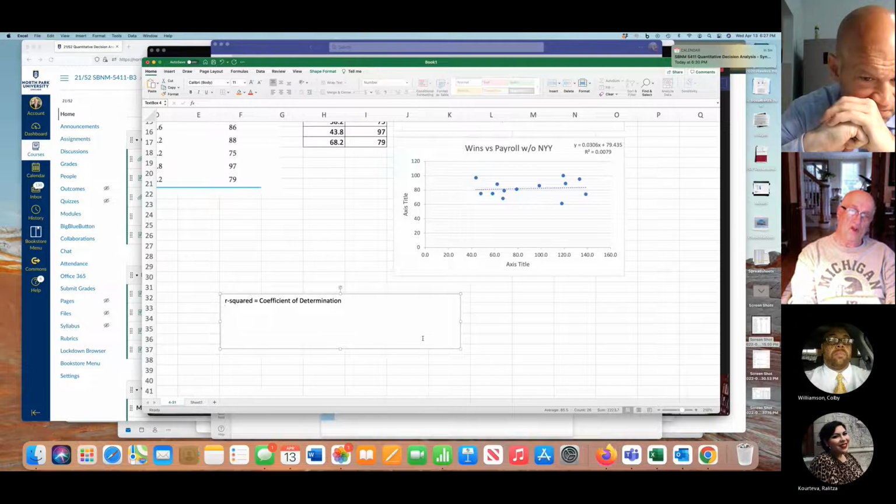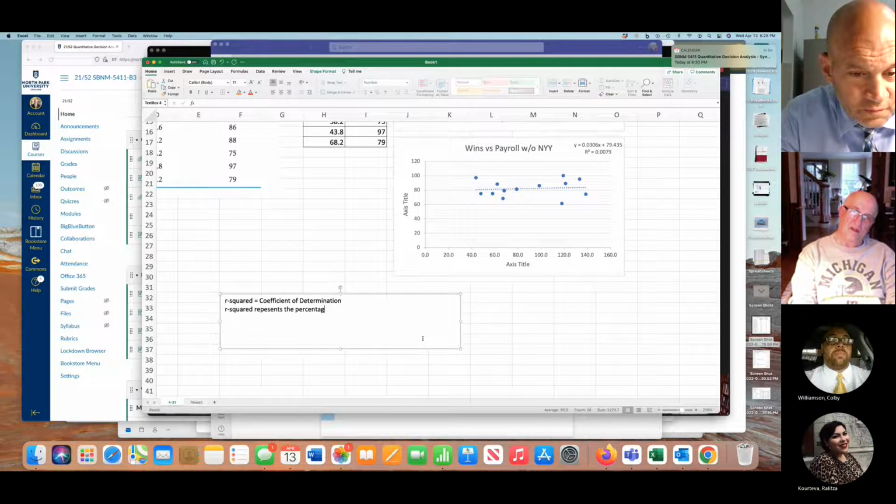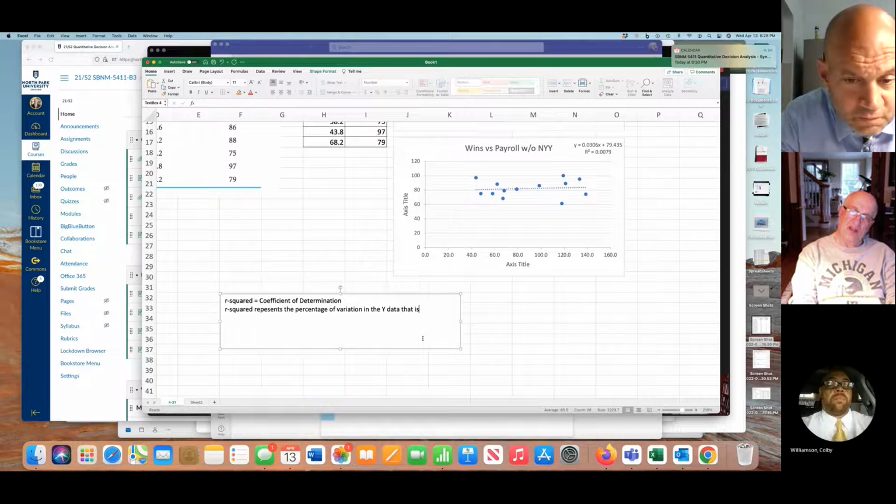To put it colloquially, R squared represents the percentage of variation in the Y data that is explained by the regression model. Okay.